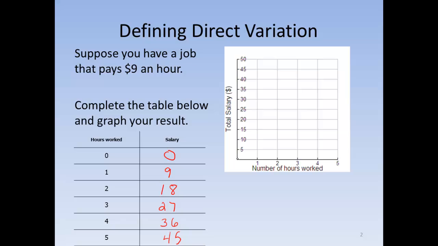And if we plot these ordered pairs, we have 0, 0. 1 hour is 9. 2 hours is 18. 3 hours, 27. 4 hours is 36, and 5 hours is 45.